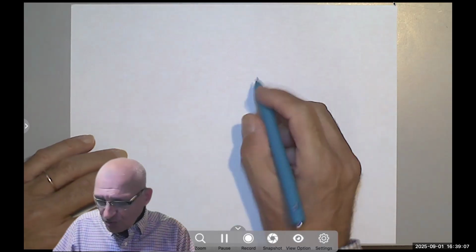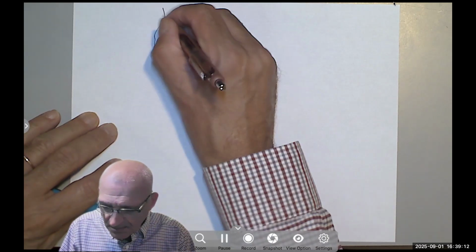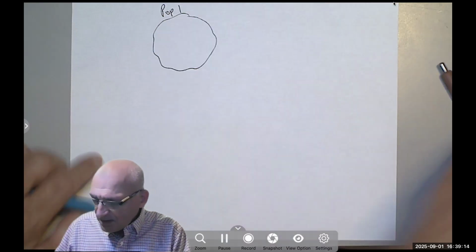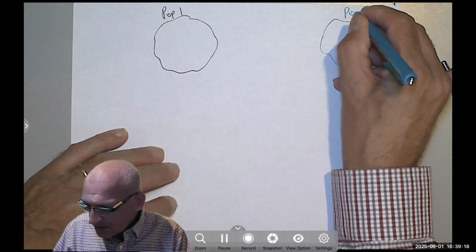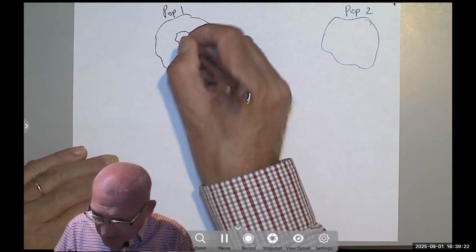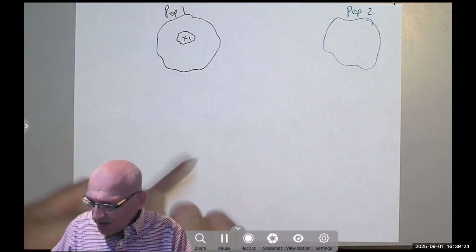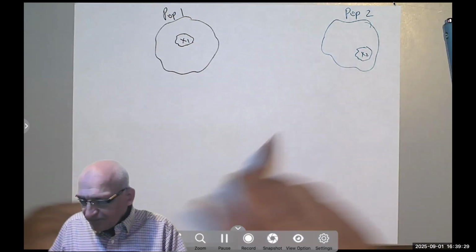So we are going to assume we have two populations. So here is population one, and here is population two, and some quantity here is x1 and some quantity x2.